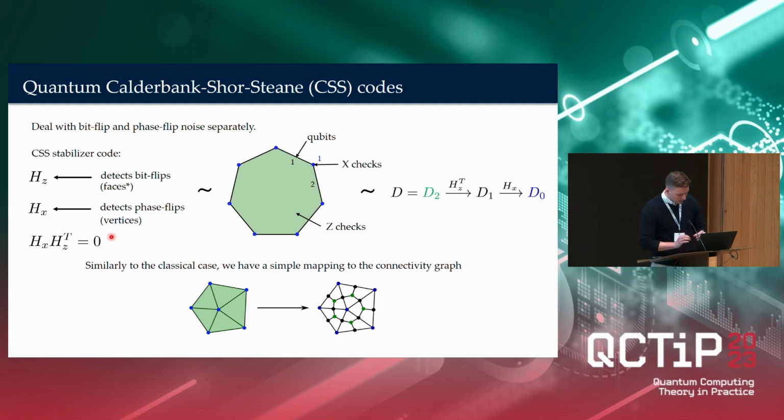There are all these different representations on this slide and the previous slide, and I will probably jump from one to the other quite often, but it's quite straightforward to see the links, especially the mapping from the chain complex representation of a high-dimensional hypergraph to the connectivity graph of the Tanner graph. I will use that throughout.